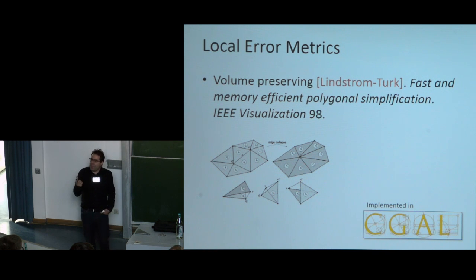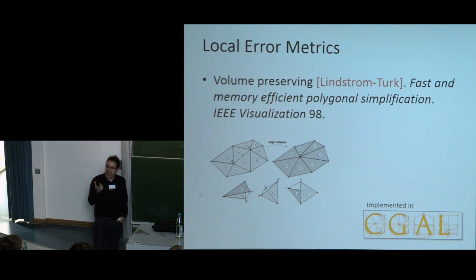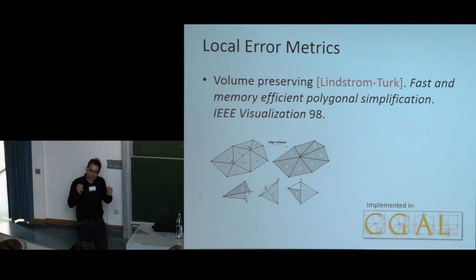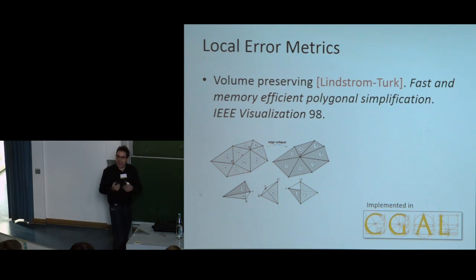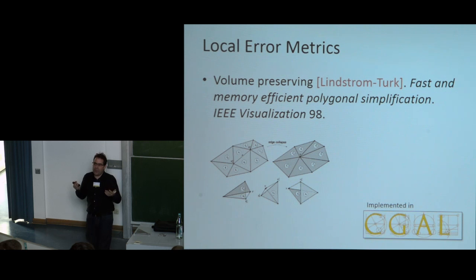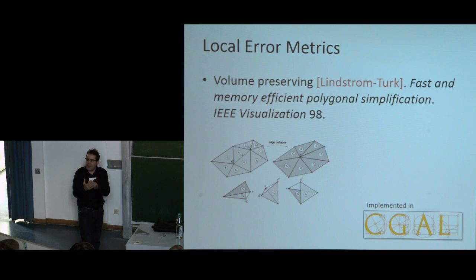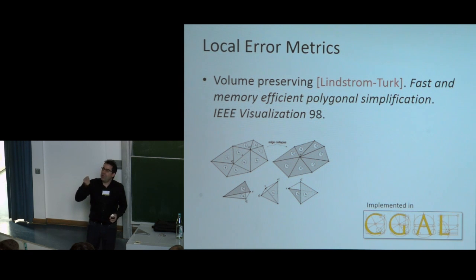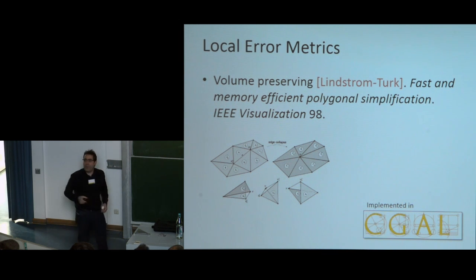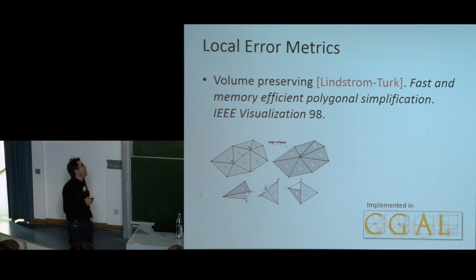Here, they observe that when you collapse an edge of the mesh, the triangles sweep a volume in space. This volume will be signed, and then you can relocate the vertex such that you minimize the change of volume, and you can even cancel it, performed by this edge collapse operator.